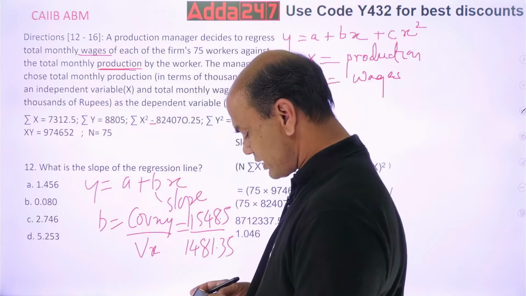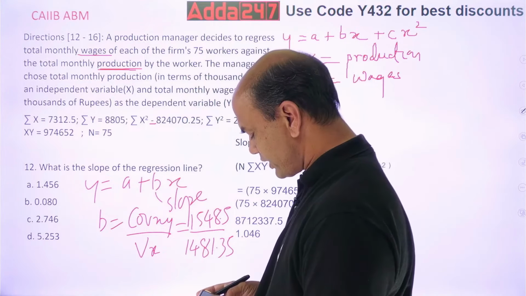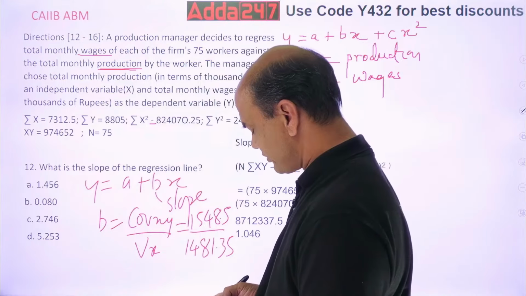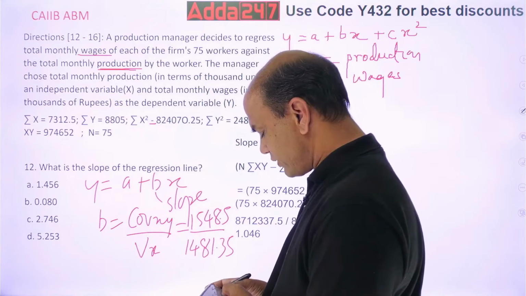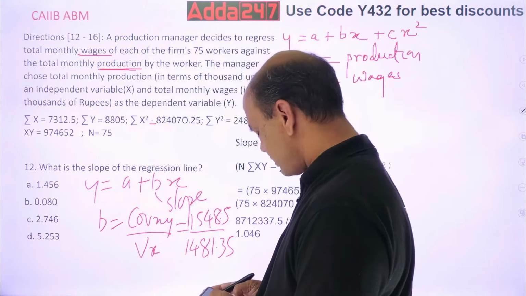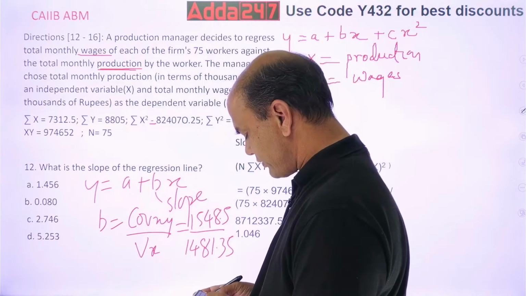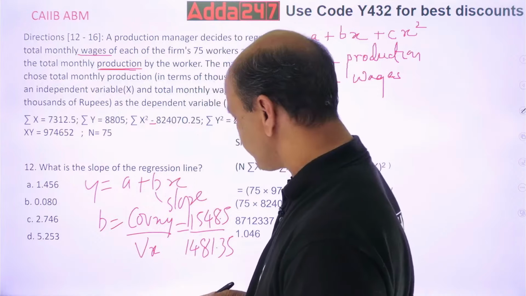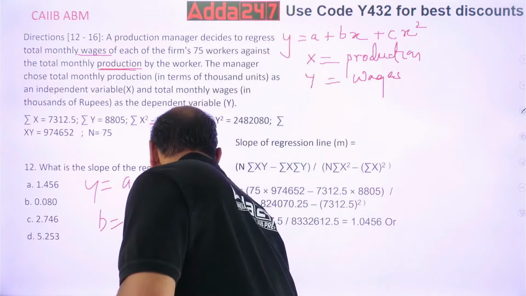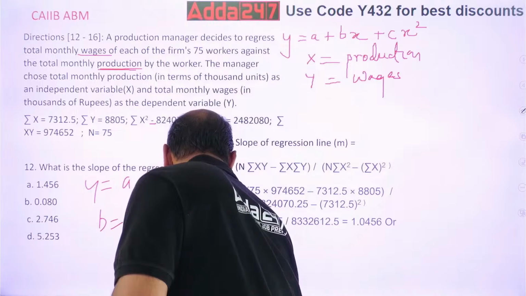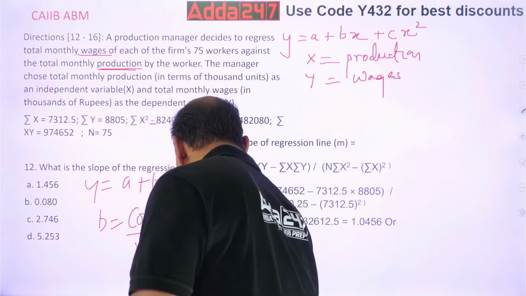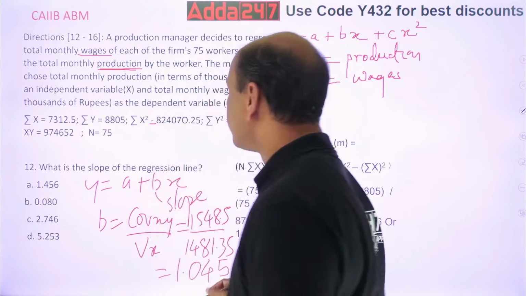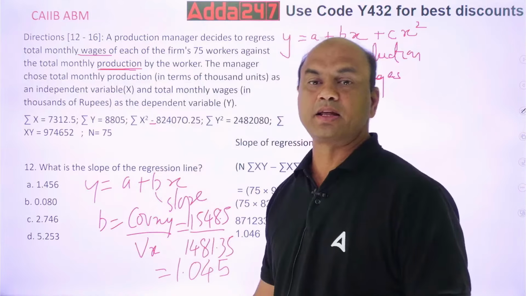So 1548.5 divided by 1481.35. I'm getting 1.04 and something more, 1.045. So this is the slope of my regression line, B.